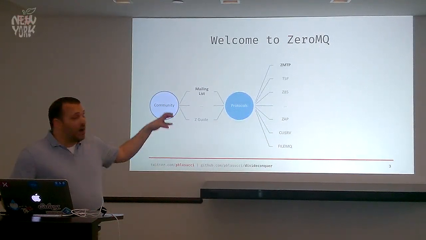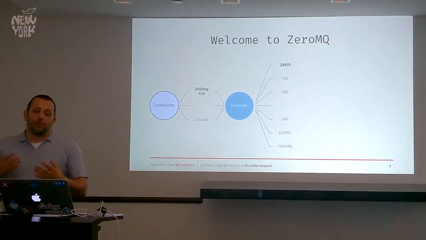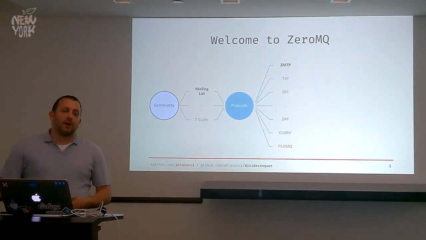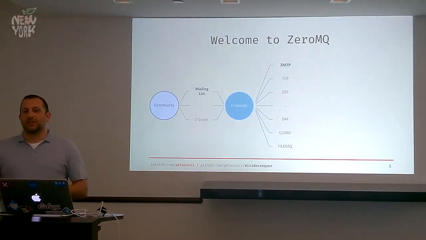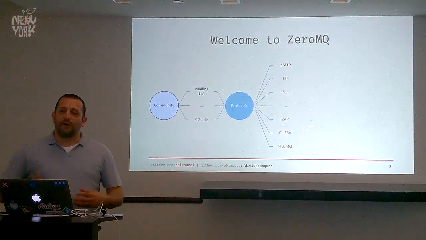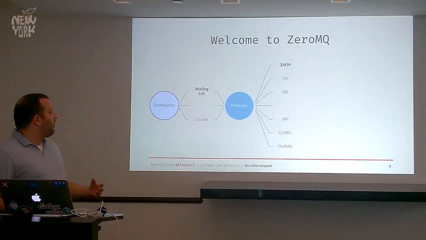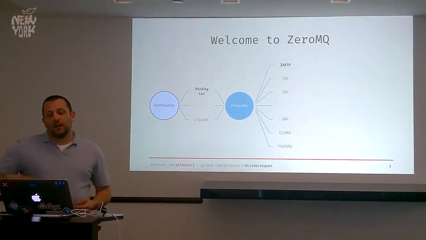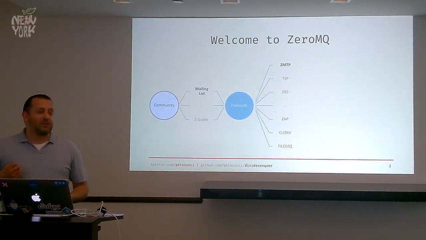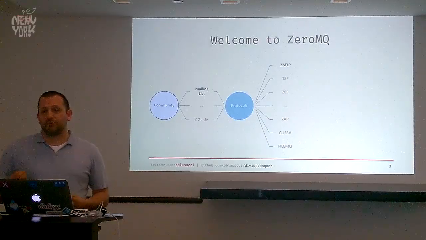The community spends a lot of time focused on protocols. These are robust, evolvable, language-agnostic specifications of how to build distributed systems and how to exchange information. The primary one is ZMTP, the ZeroMQ message transport protocol.